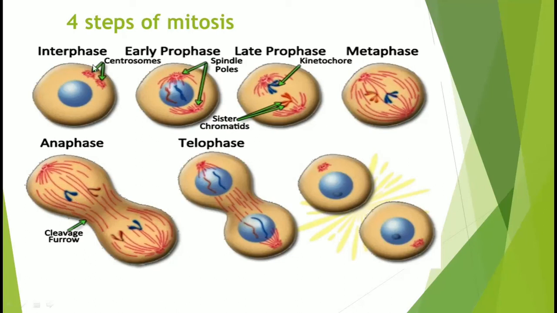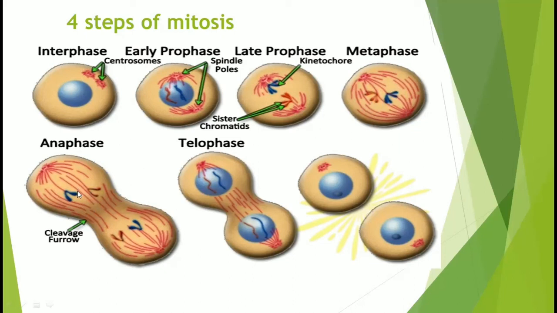These are the four steps of this one. This is interphase. Then you have to see these stages: the earlier prophase, then late prophase. Then metaphase, where spindle-like fiber parts are coming there, and these are the threads. And this is the anaphase.